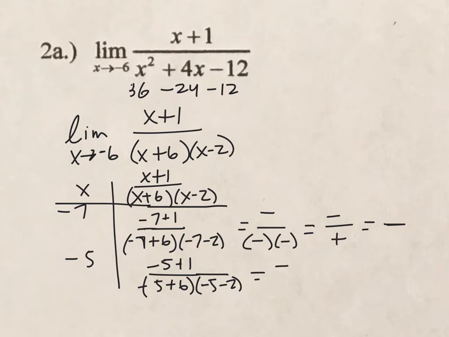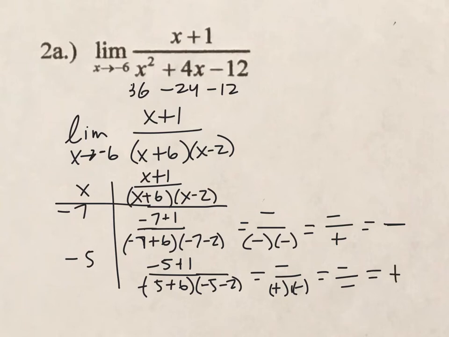A negative number on the top, and on the bottom I'd have a positive number times a negative number, because negative 5 plus 6 is positive, and negative 5 minus 2 is negative. So that gives me a negative over a negative, which is positive.